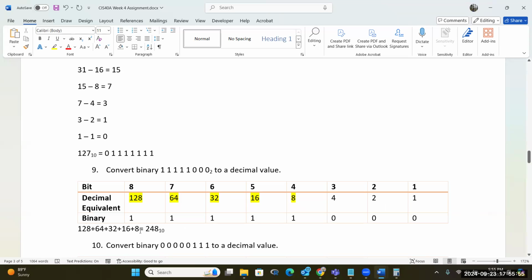Once you add them all up, you can use your calculator. Just switch it to scientific mode if you want, or use the decimal and then add. You should have 248. And we would put the base 10, and the button for that is up here, if you want. So the decimal value for this binary is 248.